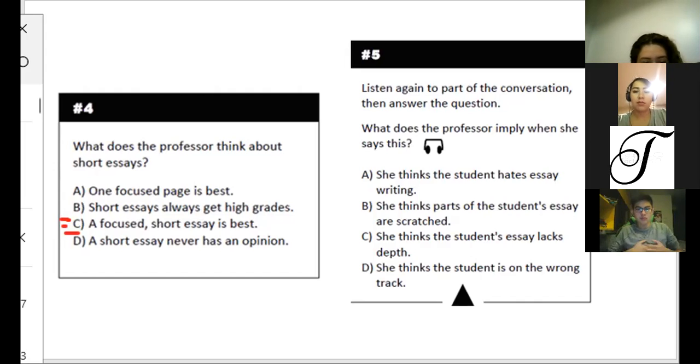So her advice or her position is that the short essays and focused essays are the best. That's correct. And the last, you need to listen to a short part of the lecture where you need to support why the professor or the student says something. So let's listen.